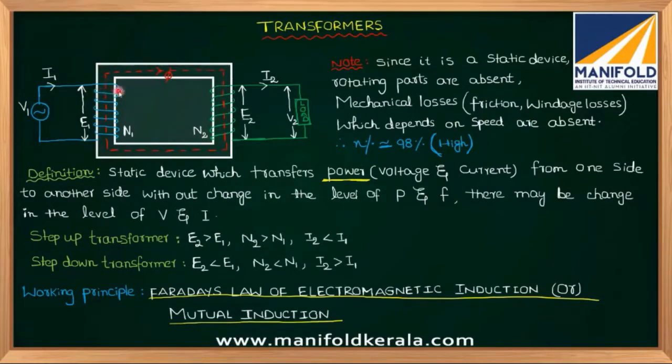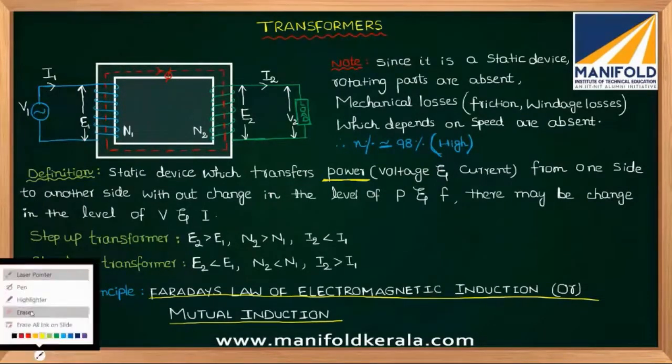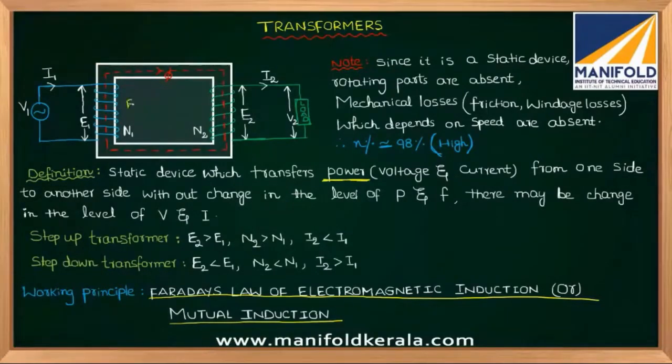We'll see the direction of this flux and all those things today. That flux is time varying flux, and the conductors are stationary. So rate of change of flux linkage will be there on the primary side. Yesterday I told you E1 is proportional to d/dt of N1 into phi.